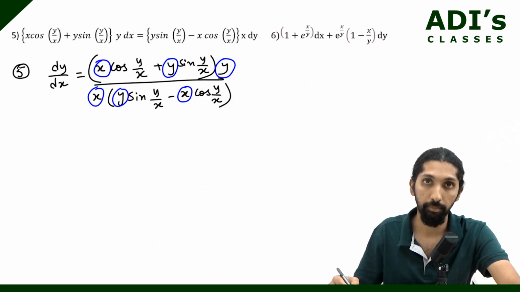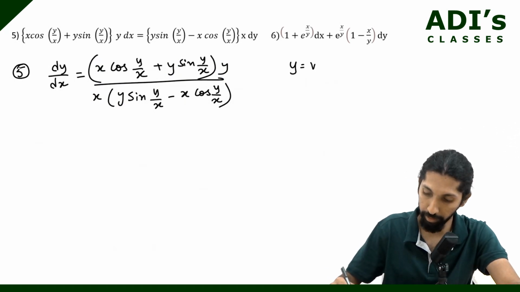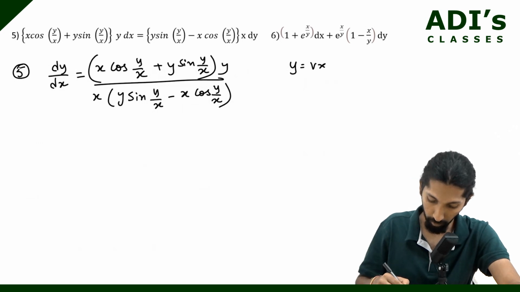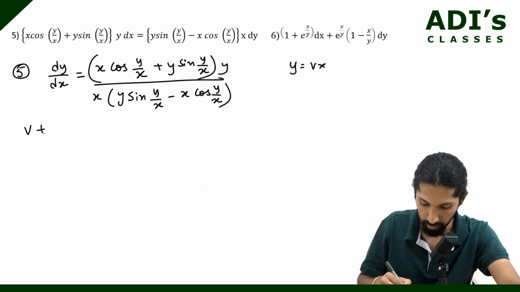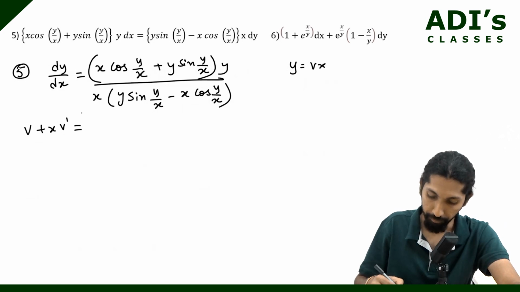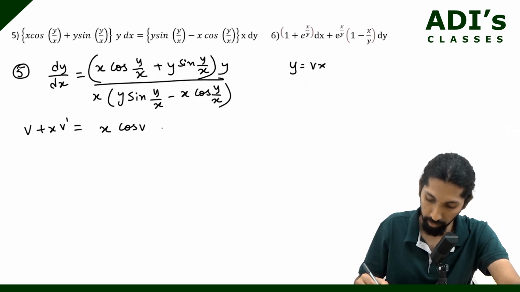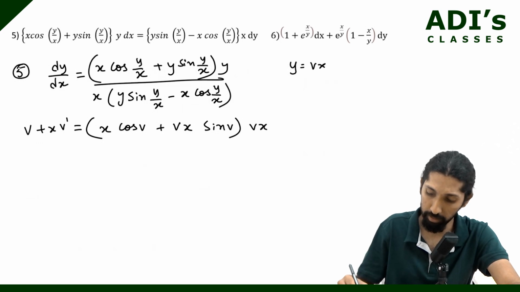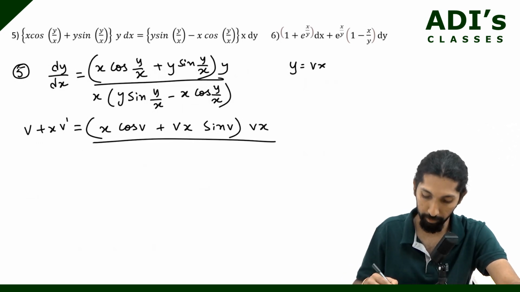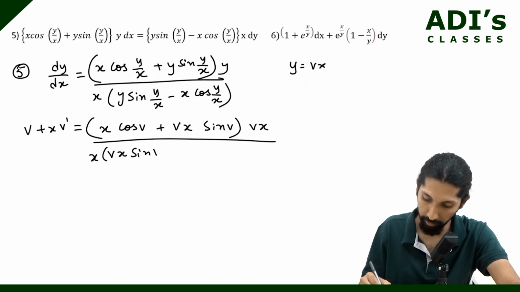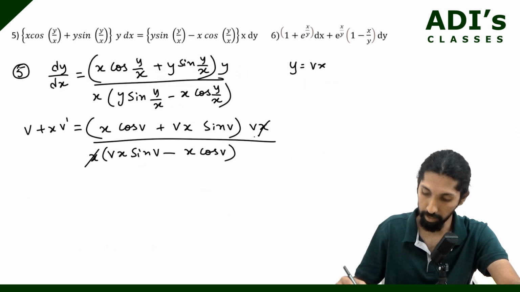Now, let's come to the solving part of it. Let y equal to v into x. So, here v plus x into v dash, x into cos v plus vx into sine v into vx, correct? Divided by x into vx sine v minus x cos v. The first x and x cancels.